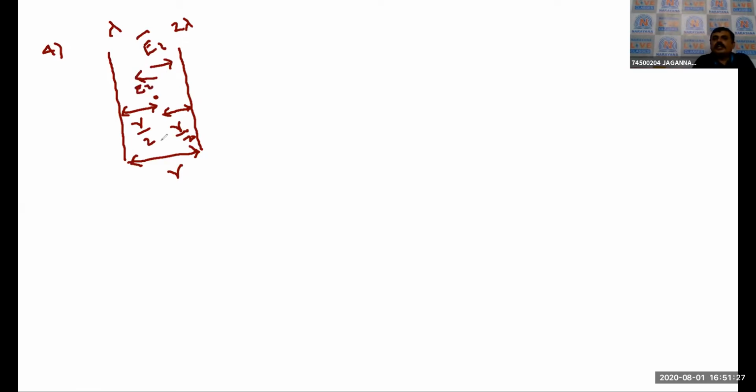So what is the net electric field at that point? E1 is along the positive x-axis and E2 is along the negative x-axis. So the net electric field is the vector sum, E1 minus E2.